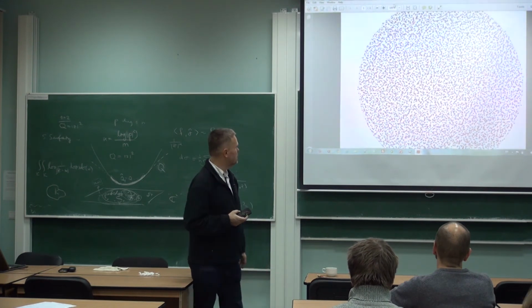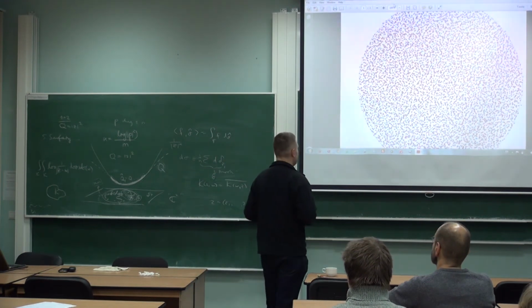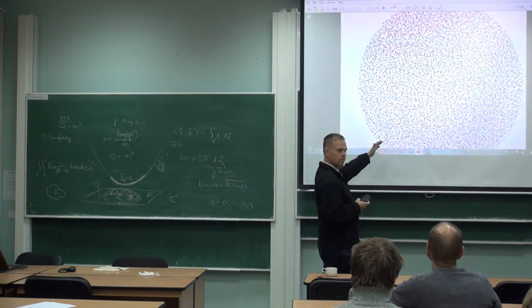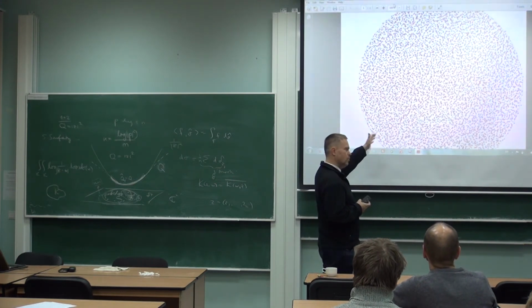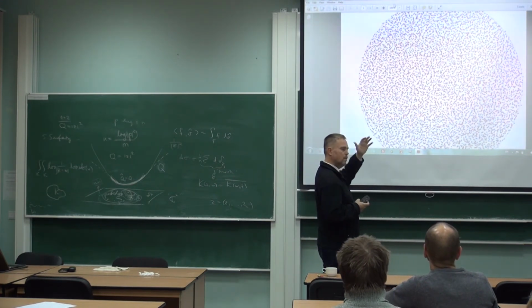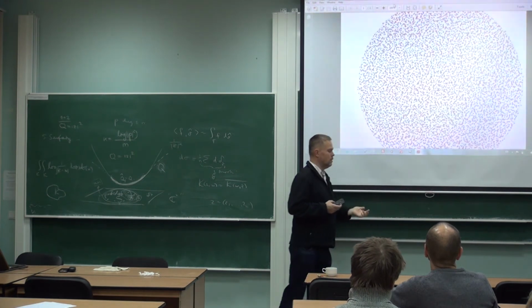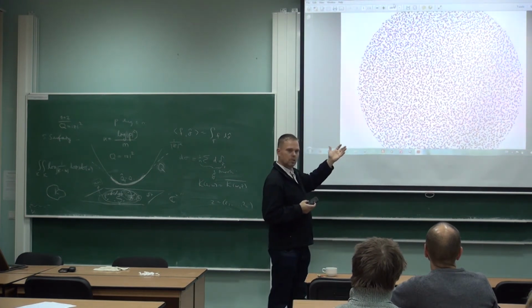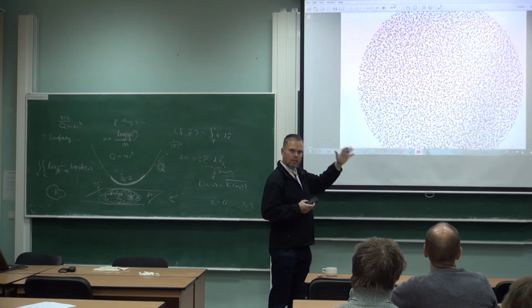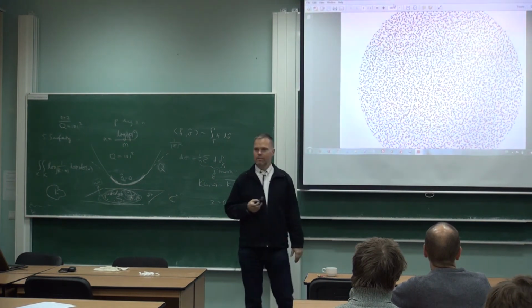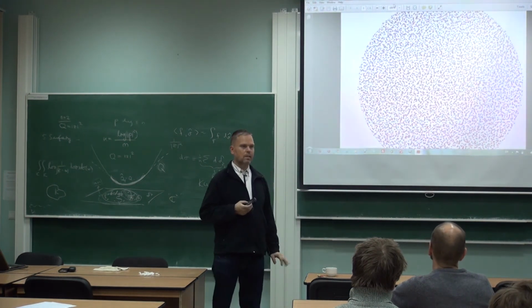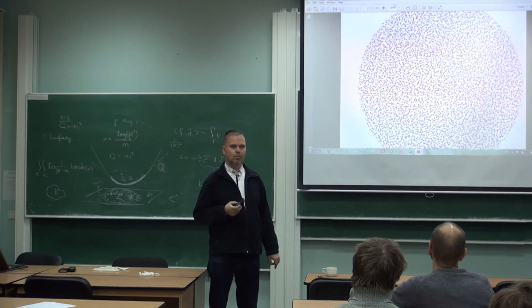But what you would expect is, if you let beta grow, then you will get more and more crystallization. It should look more and more like a lattice. That's the expectation. Could you guess which lattice you should get?